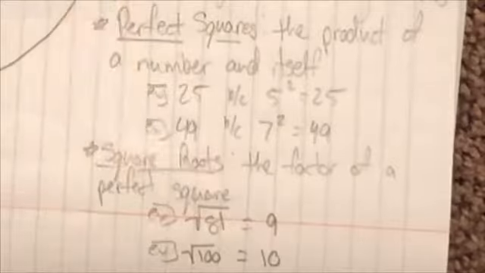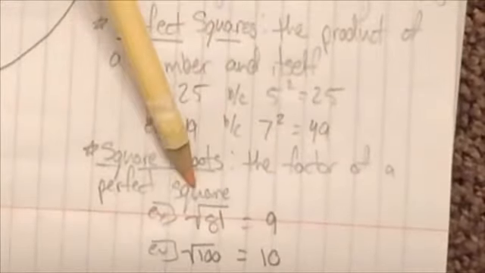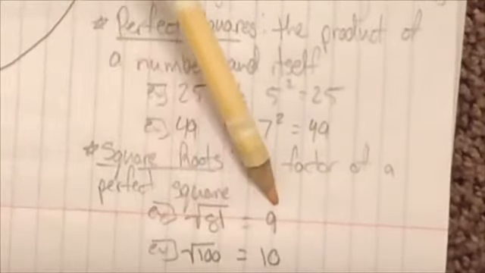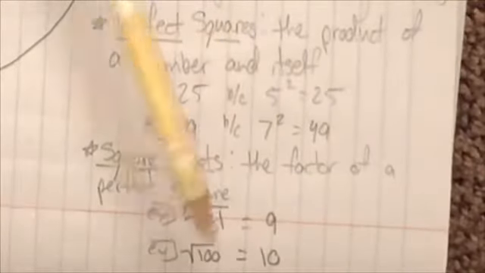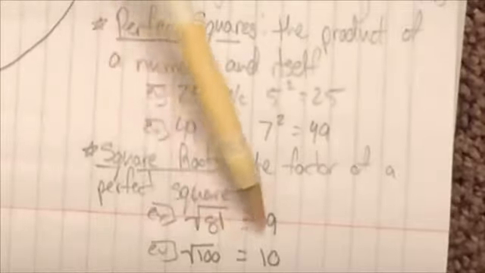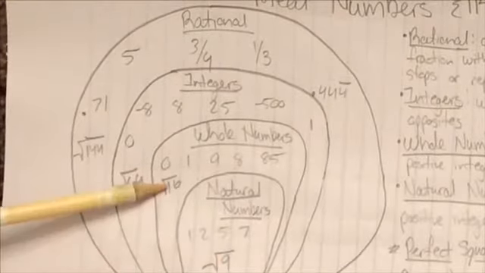If we're going backwards, though, we go from perfect squares to square roots. A square root is that factor of a perfect square. For example, the square root of 81 is 9 because 9 squared is 81. So that's where that comes from. All right. And the example at the bottom, you can also see the same thing.